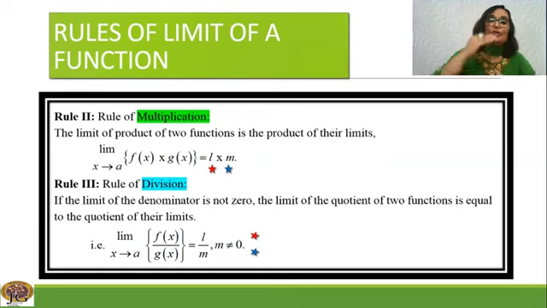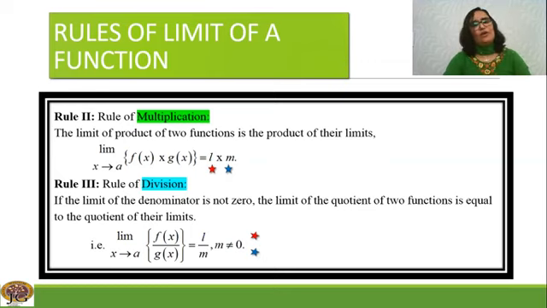So quotient माने न्यूमरेटर में कुछ फंक्शन है, डिनोमिनेटर में कुछ फंक्शन है, right? The limit of the quotient of two functions is equal to the quotient of their limits. Quotient का मतलब कुछ नहीं, numerator में you have f(x), denominator में you have g(x). So this is also known as the rule of division बोलो या rule of quotient बोलो, चलेगा.